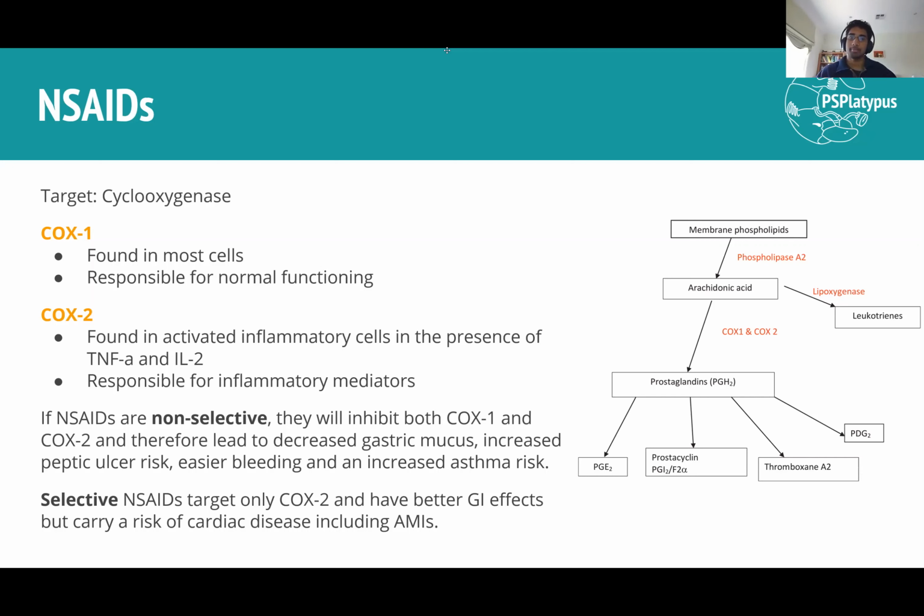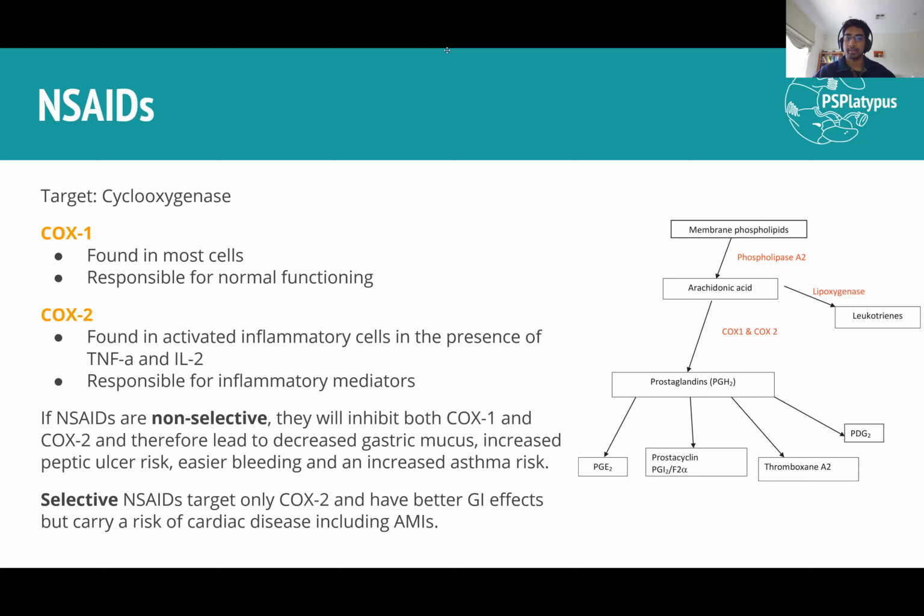Because COX-1 is important in many different places, we have a lot of GI problems, so decreased gastric mucus, which leads to increased peptic ulcer risk. You can have nausea in a lot of patients, easier bleeding because of its purpose in platelet aggregation, and an increased asthma risk, which is an interesting thing we'll come back to in a sec.